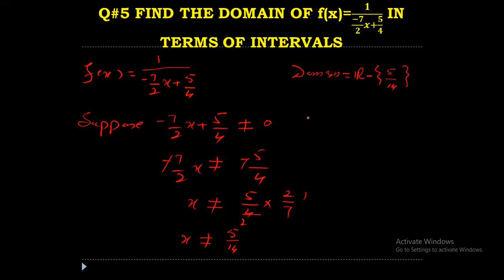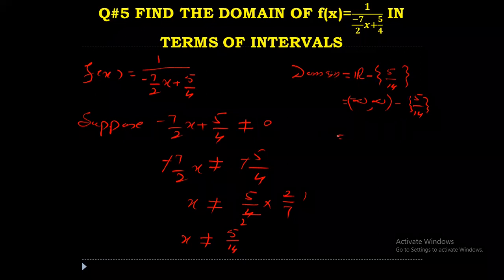5 over 14. So set of real numbers we can write minus infinity to infinity minus 5 over 14.